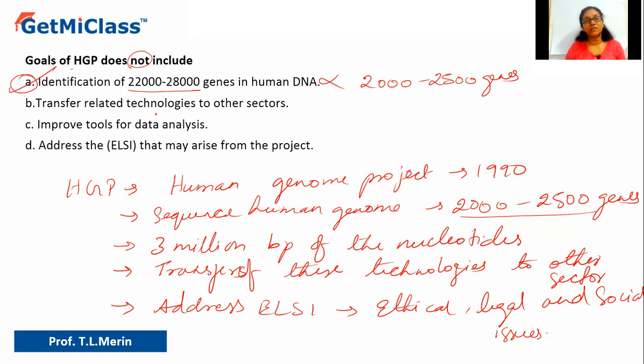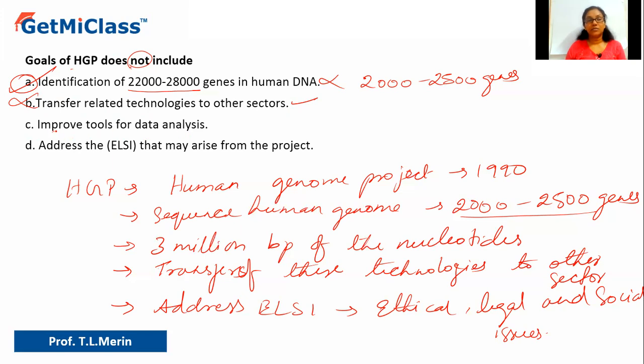Option B is transfer related technologies to other sectors. Yes, that was one of the aims, where it will be helpful in the medical as well as forensic sector. But that is not our answer because we are looking for the one which was not the aim. Option C says improve tools for data analysis.